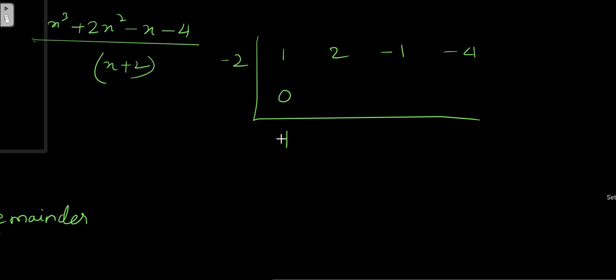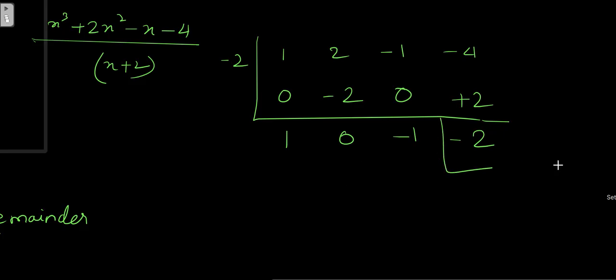Put 0 here and add: 1, minus 2 into 1 is minus 2, then add, it is 0, then minus 2 into 0 is 0, then add, it gives minus 1, minus 2 into minus 1 is plus 2, then add and put the greater sign. Add means that where there are different signs, subtract and put the greater sign, minus 2. So the remainder is minus 2, and the quotient will be x square plus 0x minus 1.